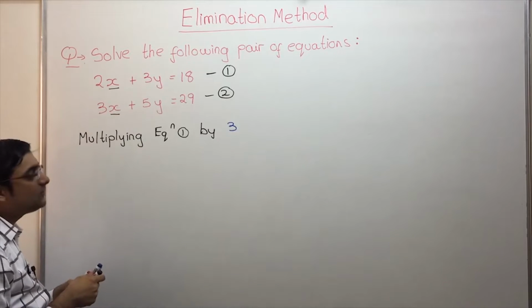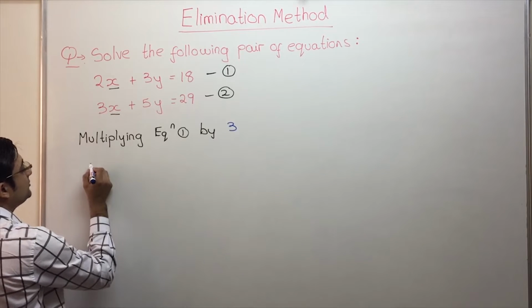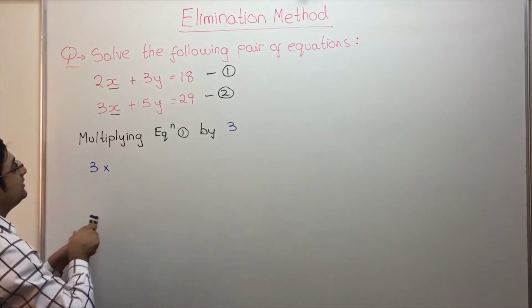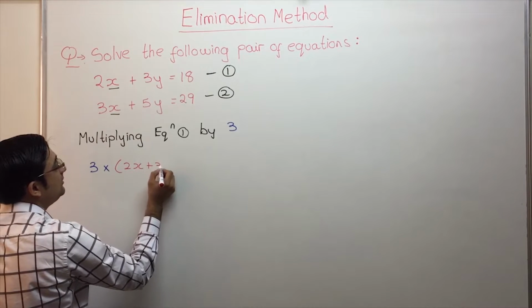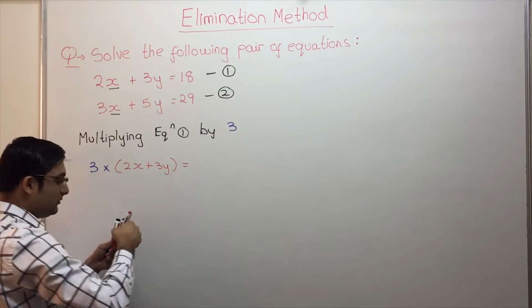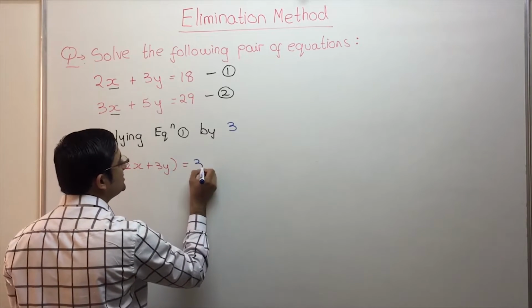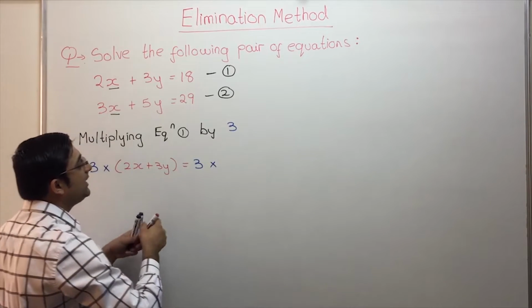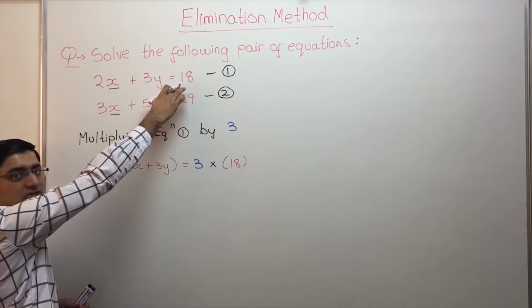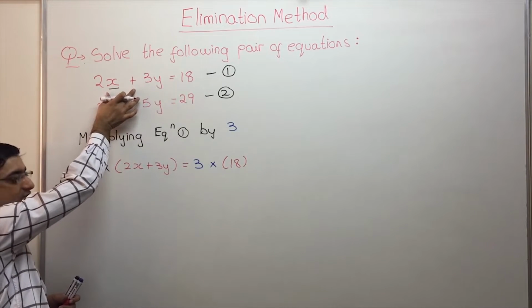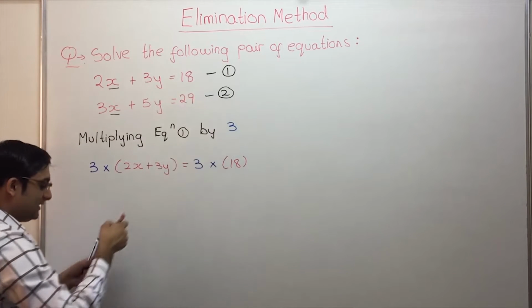How do we multiply an equation by 3? Simple. 3 multiplied by, write down the LHS in brackets, 2x plus 3y, is equal to 3 multiplied by the RHS. I repeat, we are multiplying this entire equation by 3. So 3 multiplied by the LHS is equal to 3 multiplied by the RHS.